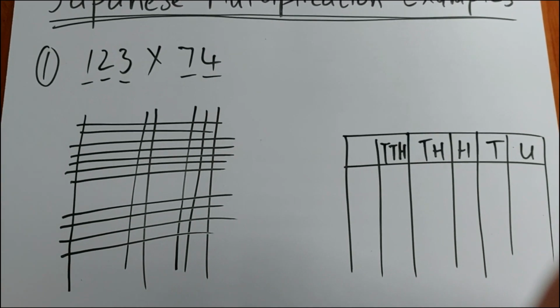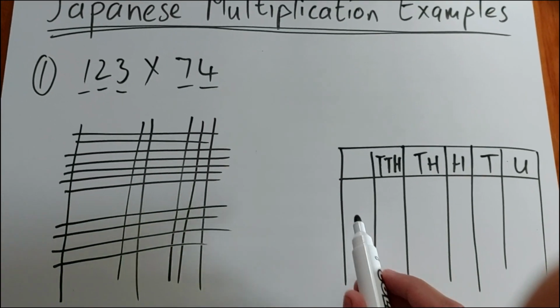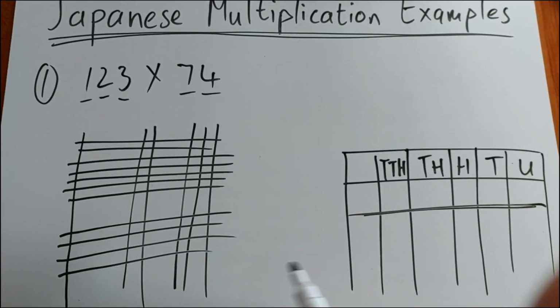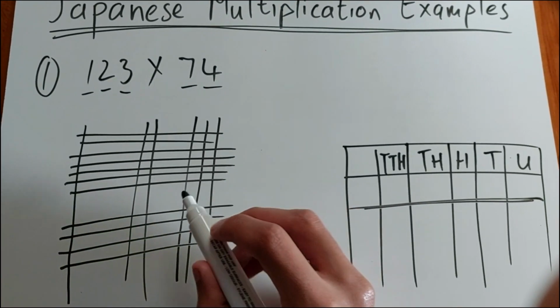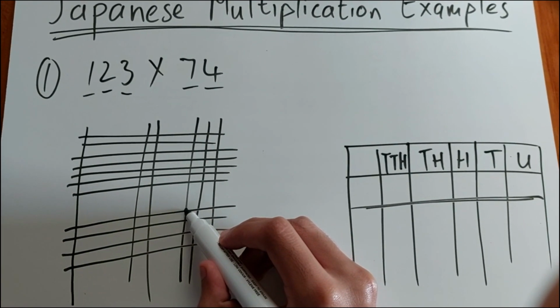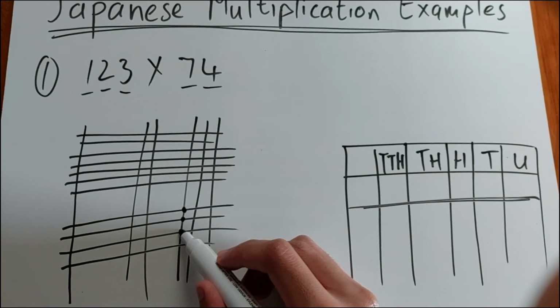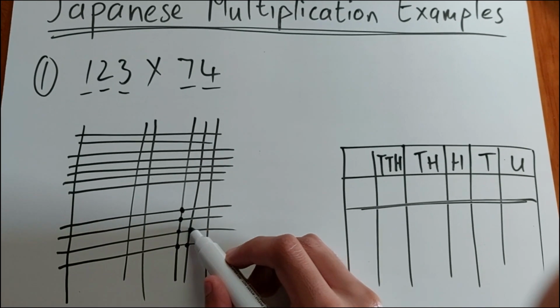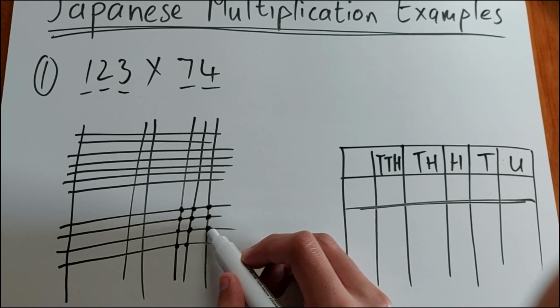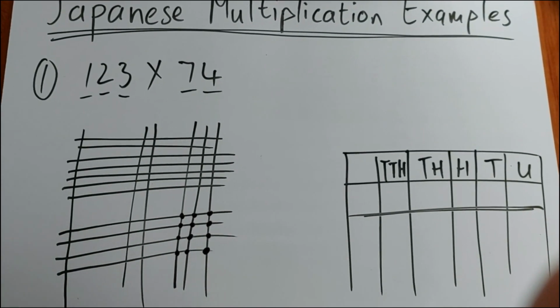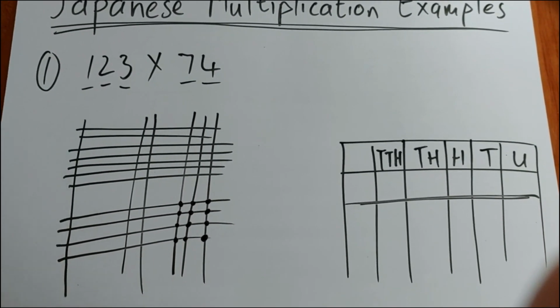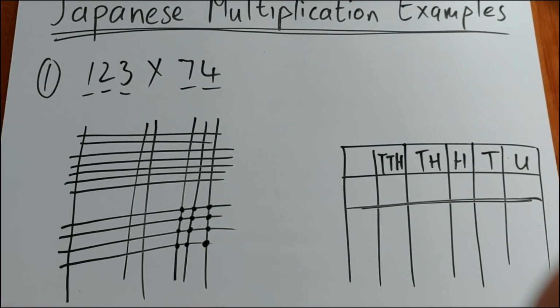So the first step to our solution requires us to start at the bottom right. 1, 2, 3, 4, 5, 6, 7, 8, 9, 10, 11, 12. And I will skip a few steps, and don't worry if you are lost.